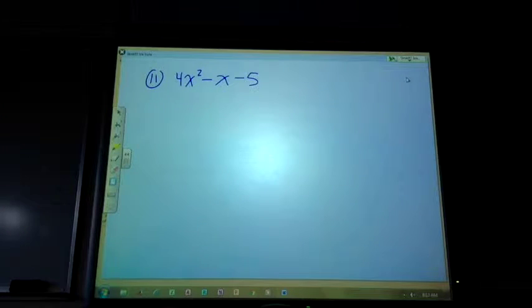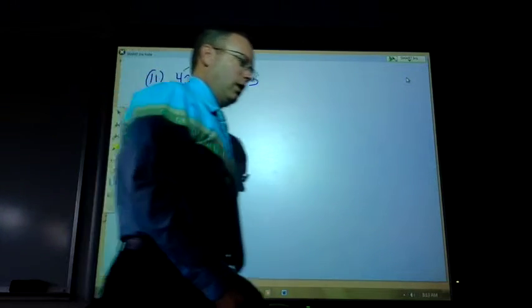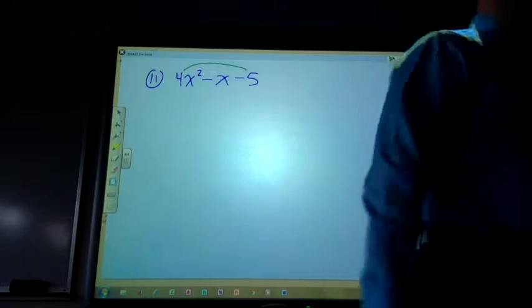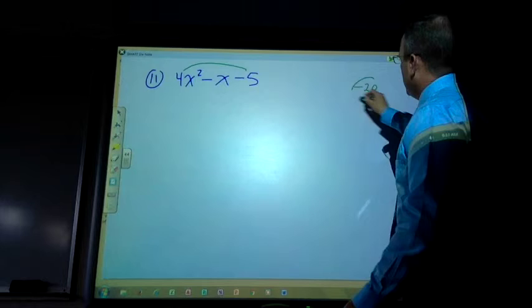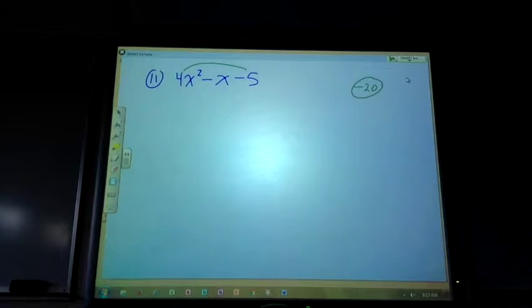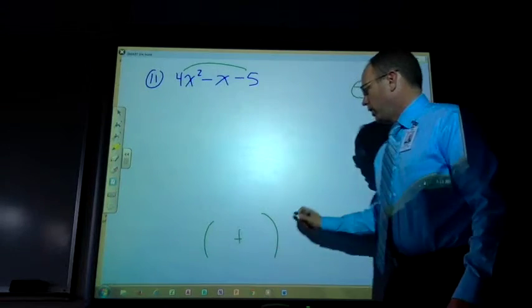The 3rd step would say multiply this and this together and watch your sign. So what is -5 times 4? -20. Now if it's -20, that should tell you that our signs when we factor are going to be alternating signs. One's positive, one's negative.